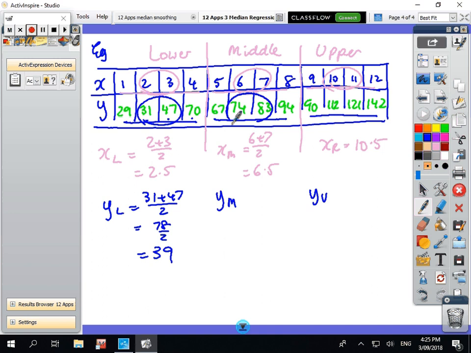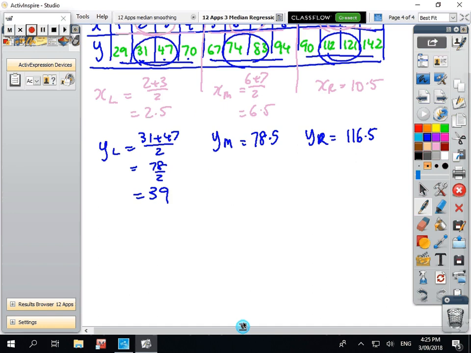Okay, they're the middles. When you average those, you get 78.5. They're the middles. When you average that, you should get 116.5. Okay, so now we're going to use those numbers.